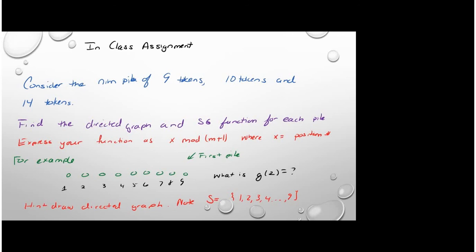Recall that you take one pile as a single pile. What is the subtraction set going to be if you have 9 tokens? What are you allowed to pull from that one pile in the game of nim? 1 through 9. So your subtraction set is going to be 1, 2, 3, 4, 5, 6, 7, 8, 9. So now you're going to have to make a directed graph for that pile.